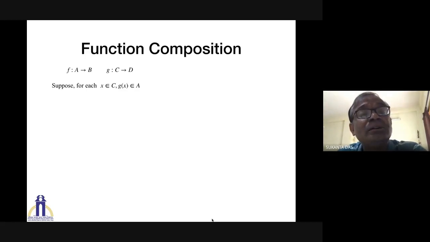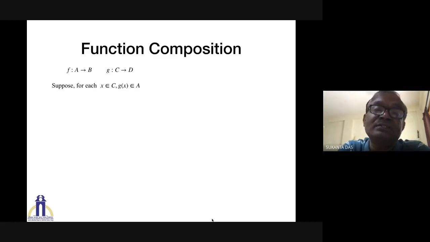So now suppose for each x, g(x) is in A. See what I'm saying here. x is in C. C is the domain of g, not f. So suppose x is a member of the domain of g, but g(x) is a member of the domain of f.